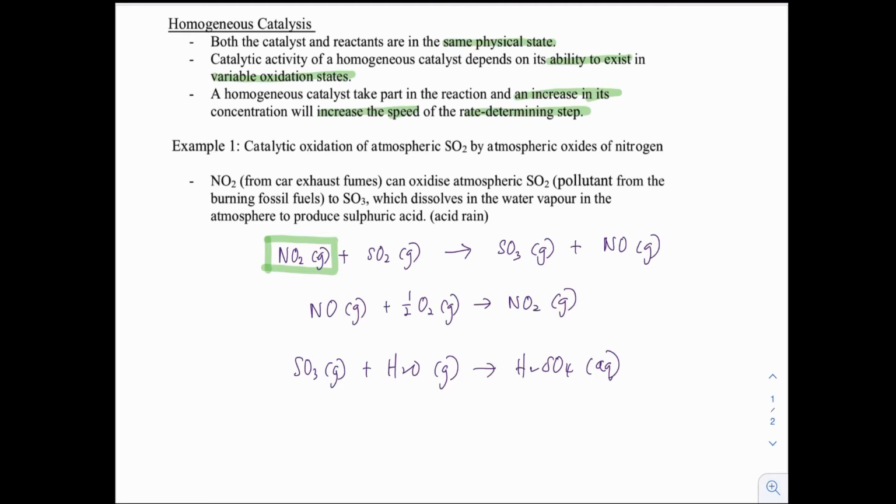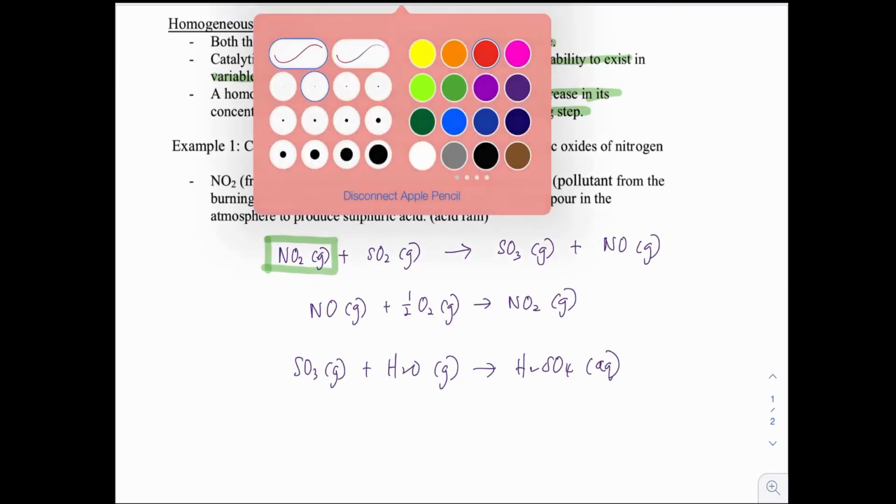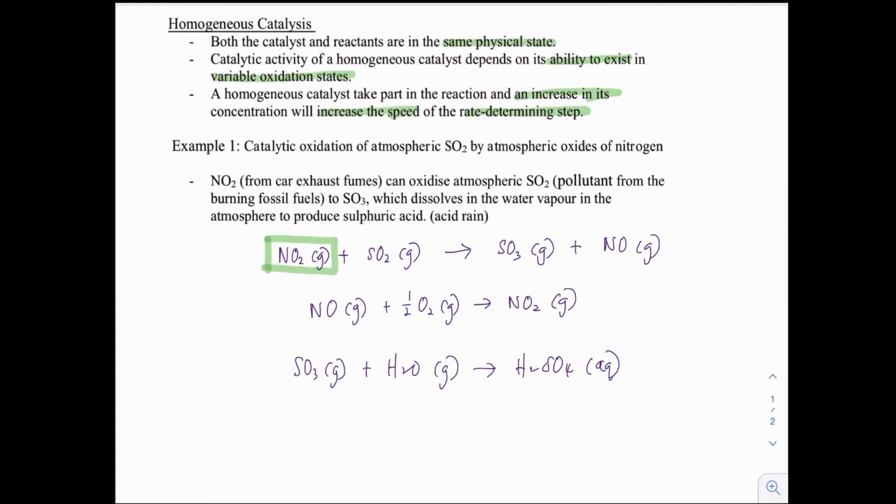Okay, so how does this homogeneous catalyst work? It works by changing the oxidation number. Now let's take a look at the oxidation number for this N. For this N, the oxidation number is plus 4, right? Because this O is negative 2. Whereas the oxidation number for this N is plus 2, okay?